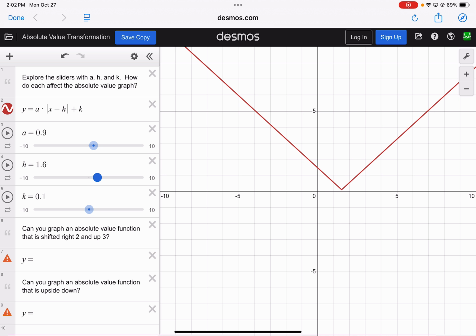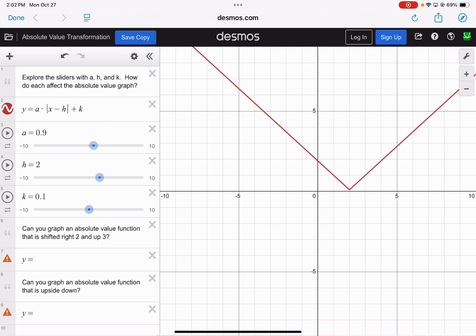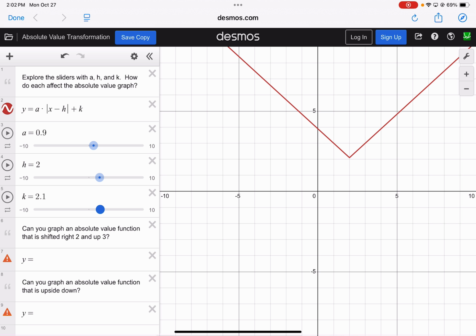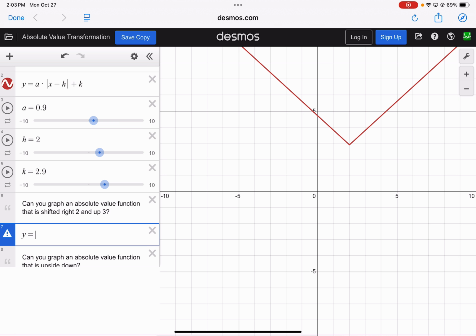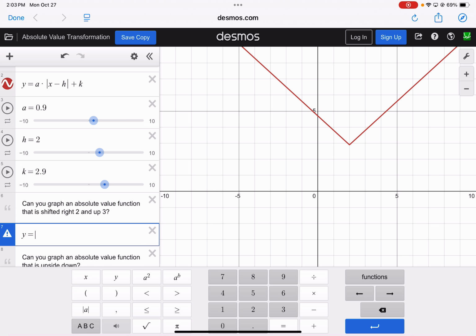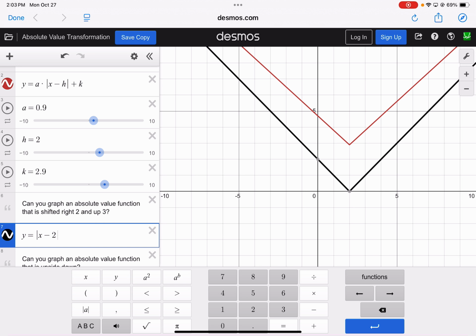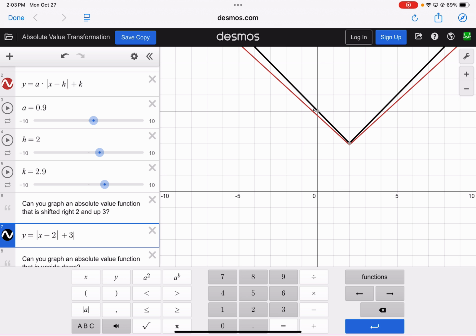The H needs to be a 2, and the K needs to be 3. Like that? So watch this. Absolute value of x minus 2 plus 3. Boom.